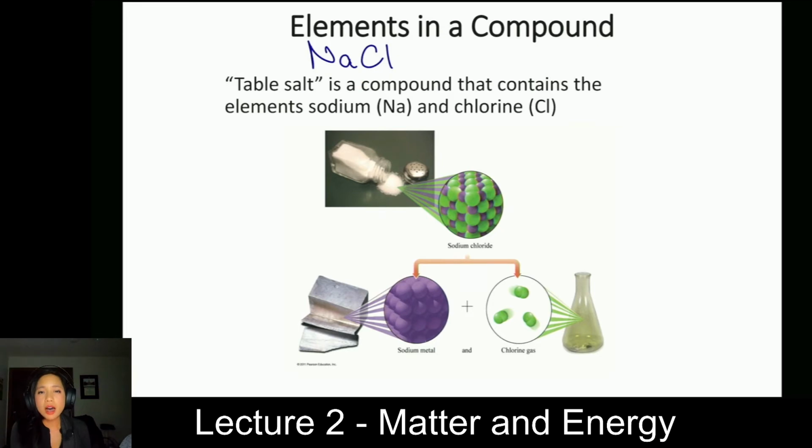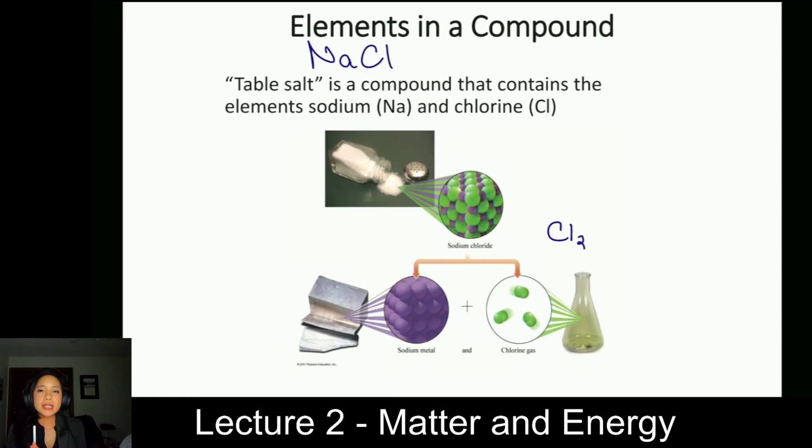But how is the compound different than the elements themselves? Sodium chloride, we ingest on a regular basis. That's table salt. But a sodium atom by itself is actually really explosive. Chlorine exists as a gas, Cl2, chlorine gas. So separately, those elements are actually pretty dangerous.